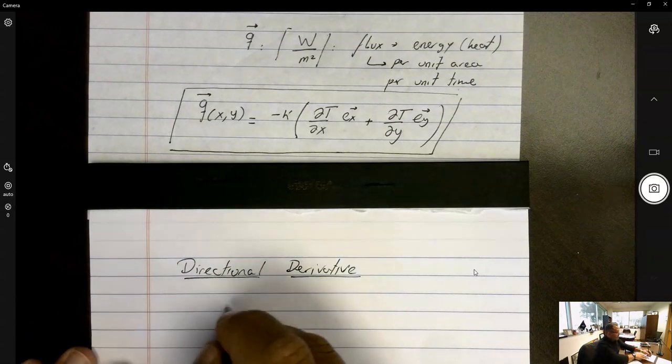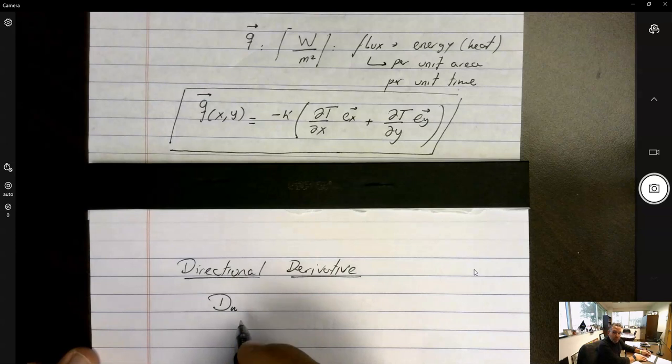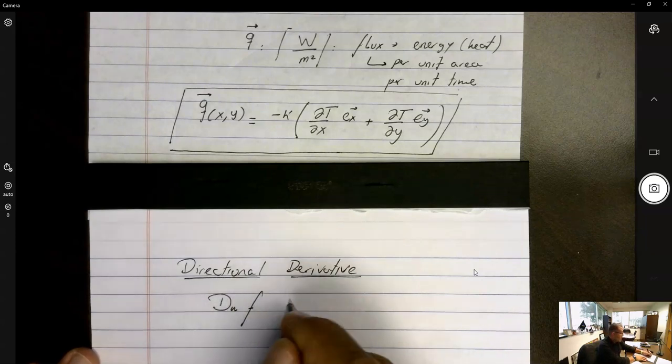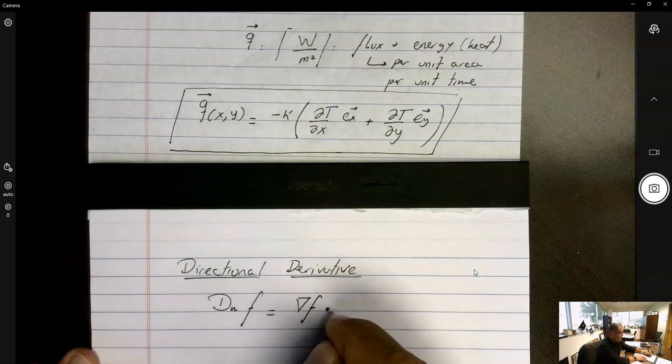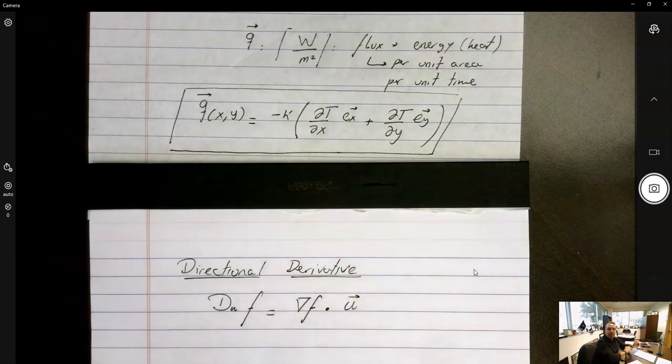That's it. So the directional derivative D_u of a function f is equal to the gradient of f dotted into the unit directional vector u. Okay, that's what we call D_u, the directional derivative in the direction of the unit vector u of the function f. It's the gradient of f dotted into u.